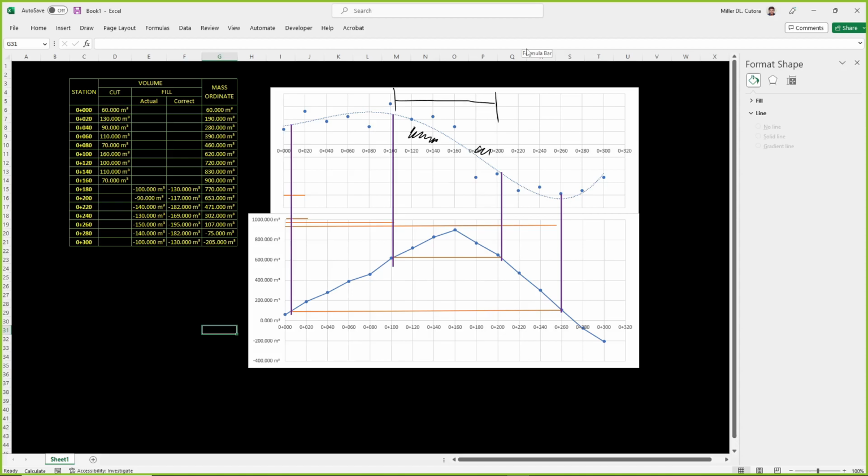This is the freehaul. Okay? The transfer from here to here is free.